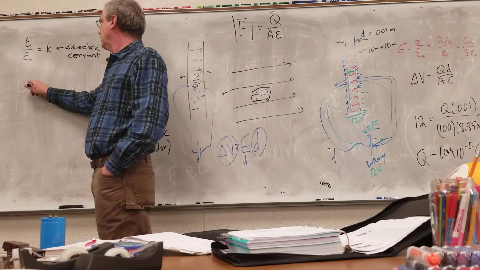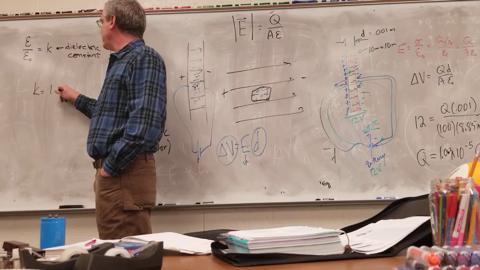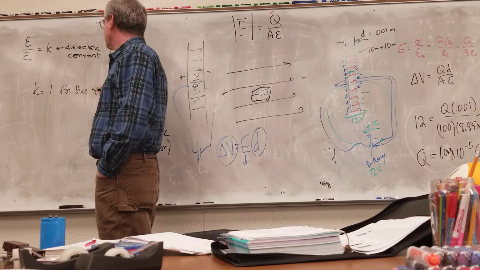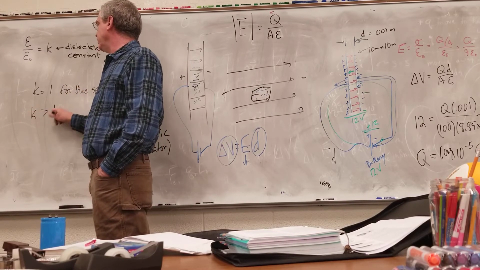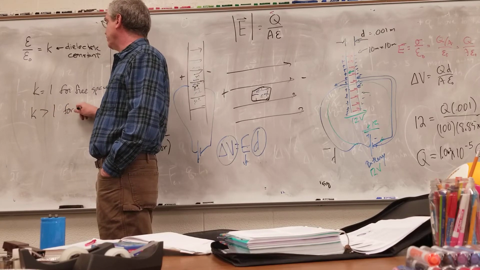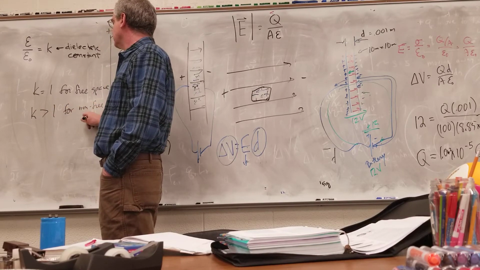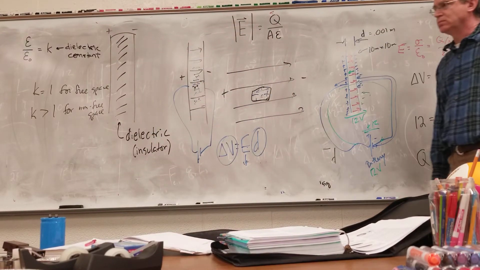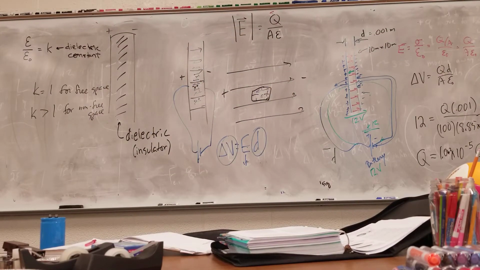K equals 1 for free space, and then K is greater than 1 for everything else, for non-free space. If it's a conductor, I've never heard a conductor mixed with dielectric constant, since it's not a dielectric.